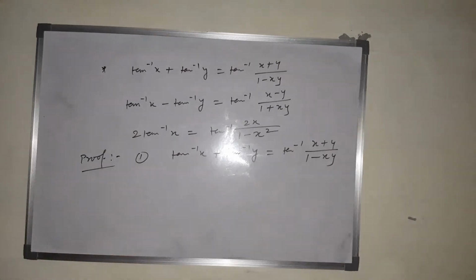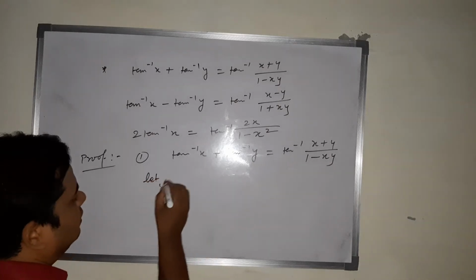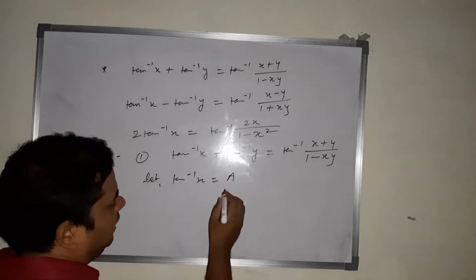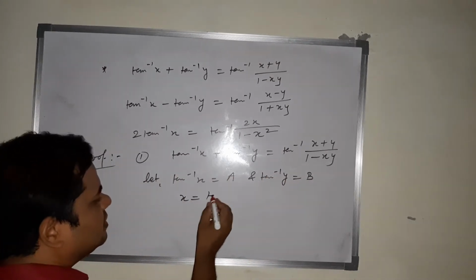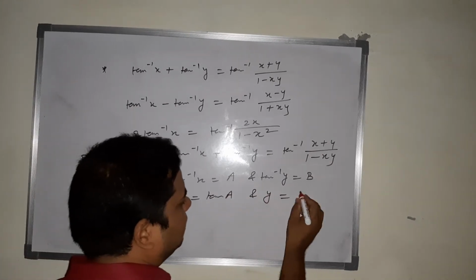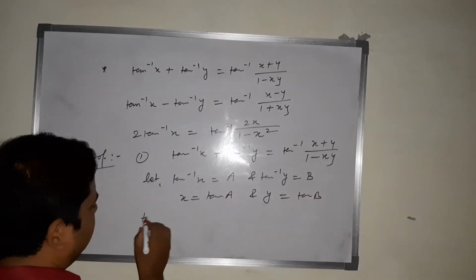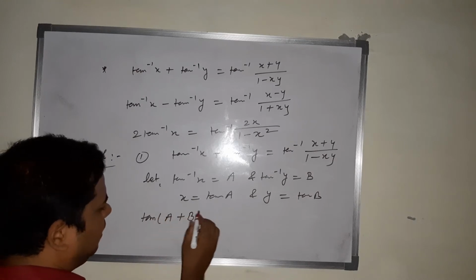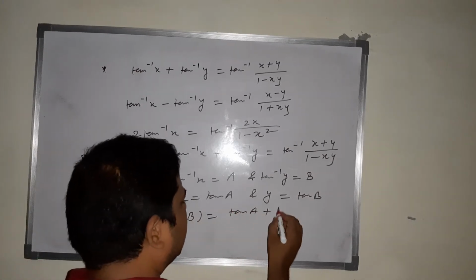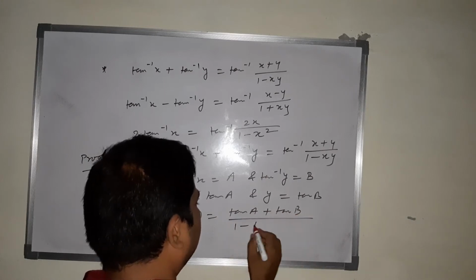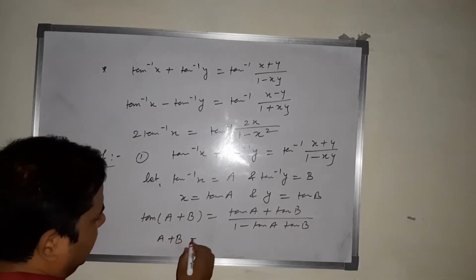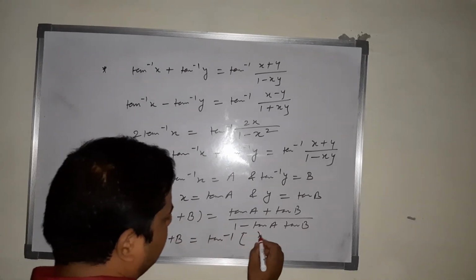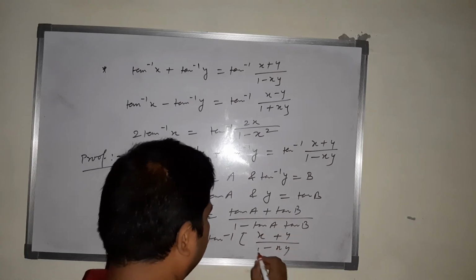So for this, let tan inverse x be equal to A and tan inverse y be equal to B. So from here x is equal to tan A and y is equal to tan B. Now using the formula of tan A plus B, we get tan A plus tan B divided by 1 minus tan A tan B. So A plus B is nothing but tan inverse of x plus y upon 1 minus xy.